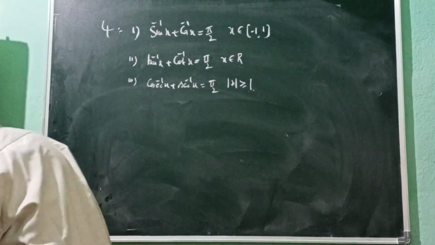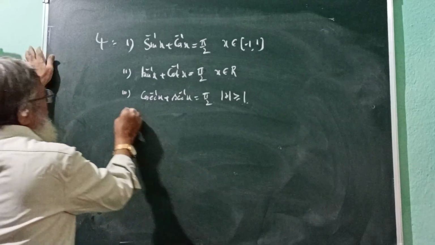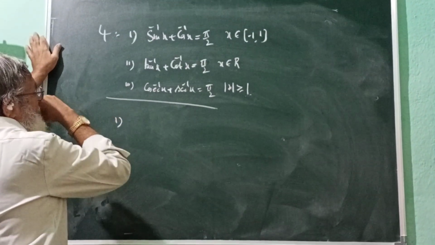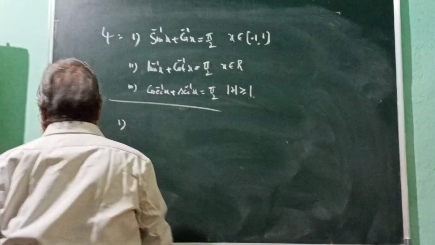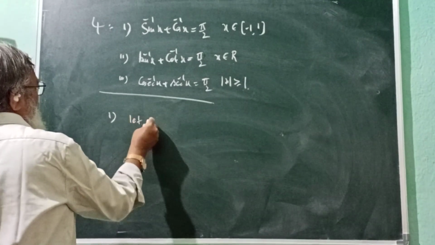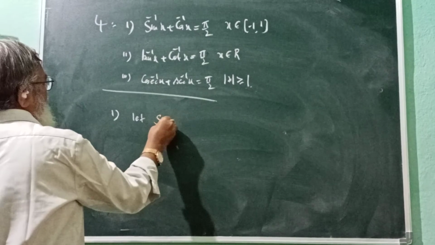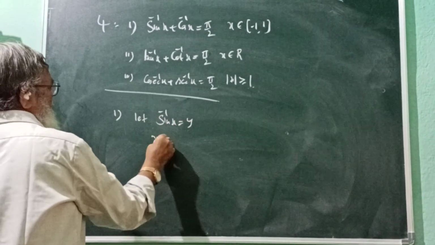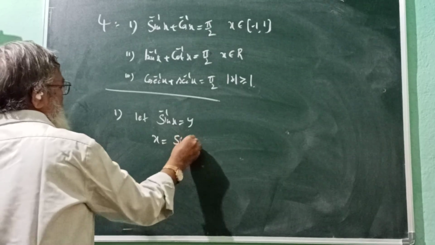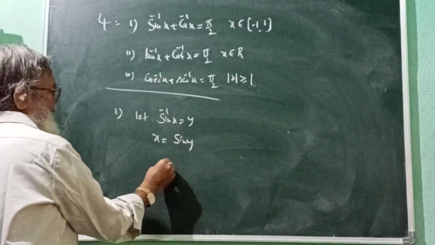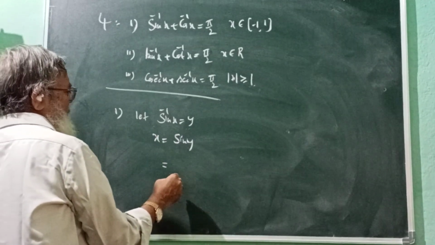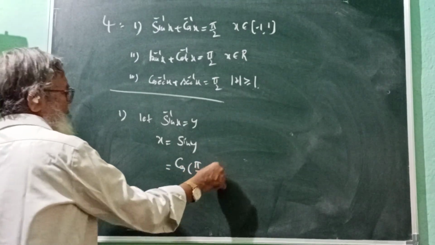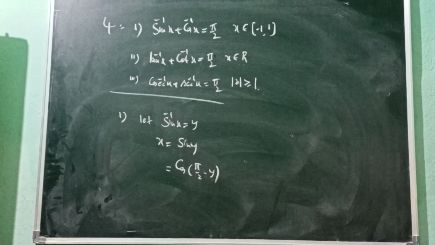Now carefully, first let us prove the first one. Look here, let sin inverse x be equal to y. Then x is equal to what? Sin y. This sin y can be written as cos of 90 minus y, since cos of 90 minus theta is sin theta.